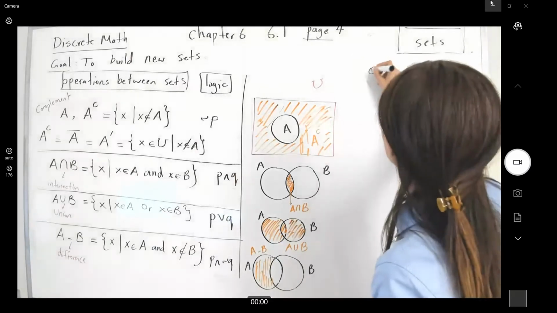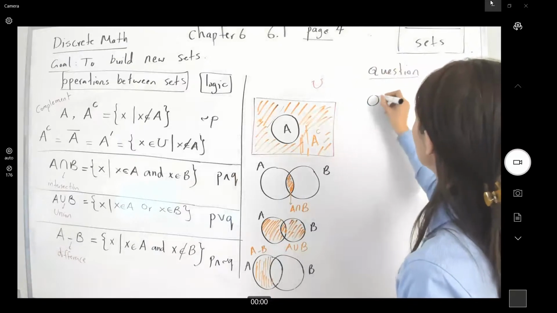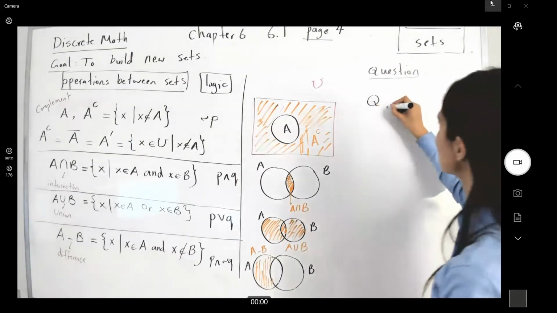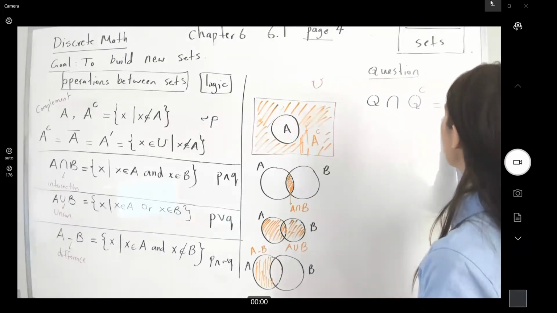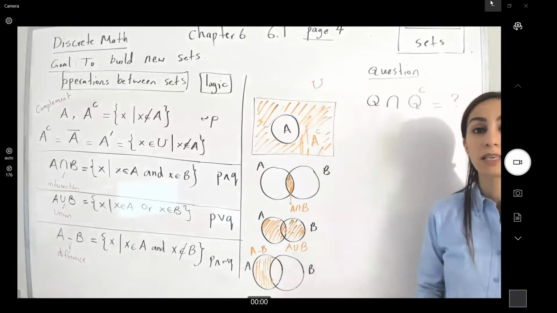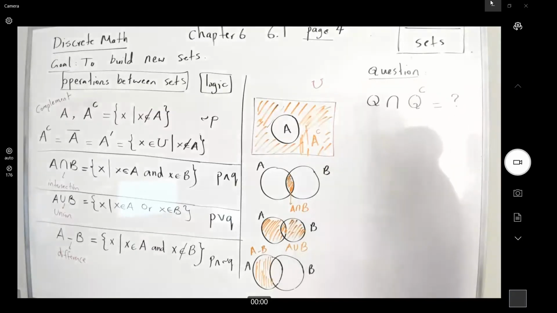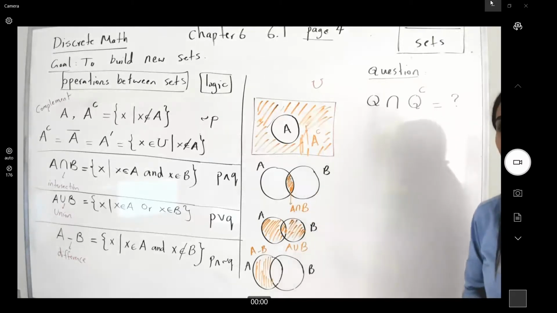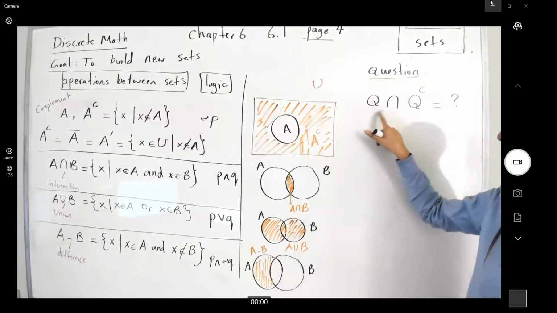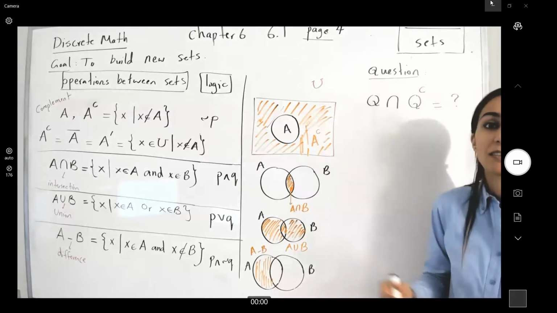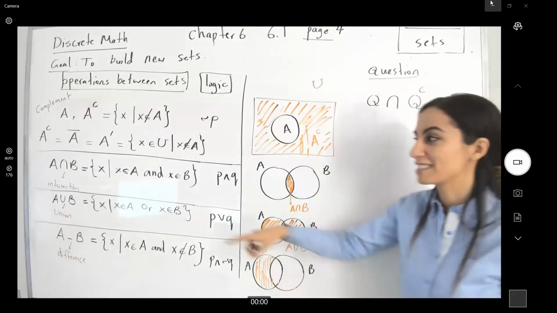What are the common elements between these two sets? Or can we have sets with no intersection? The intersection between rationals and irrationals is nothing. It has nothing in that set.